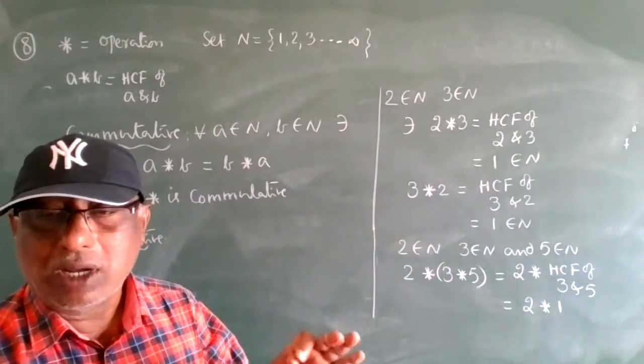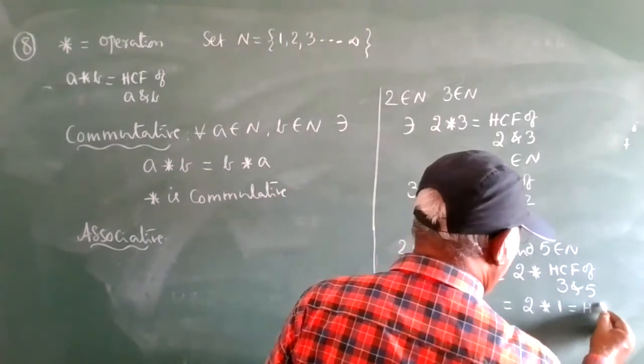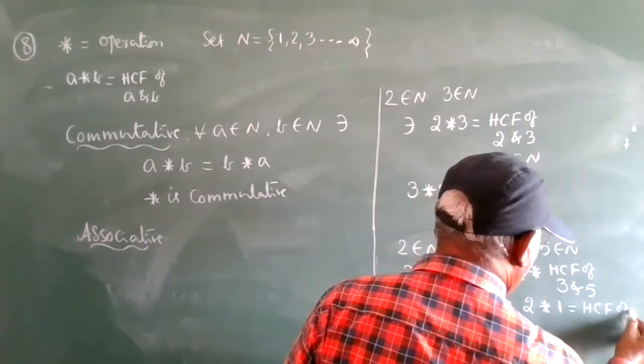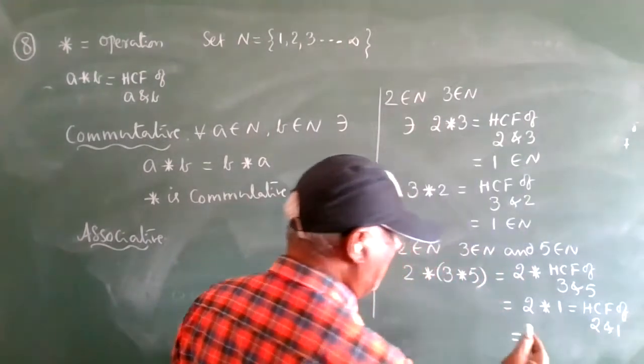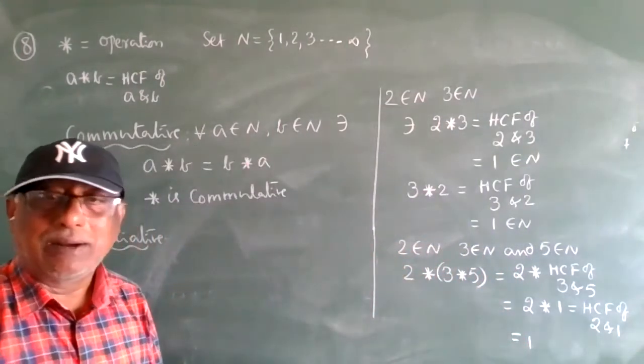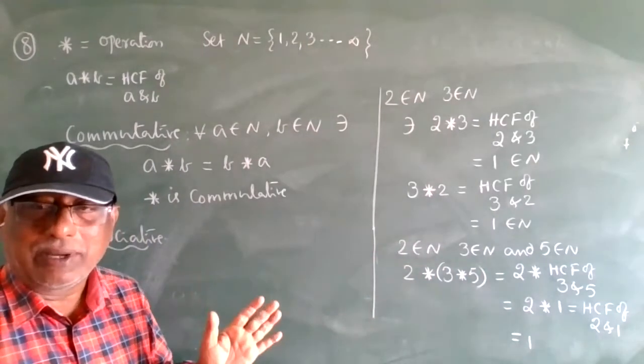What is 2 star 1? The HCF of 2 and 1 is 1 only. So this part is completed: A star (B star C) is completed.